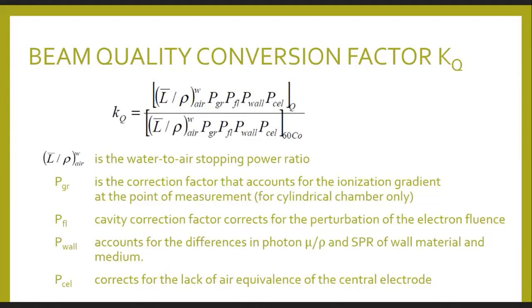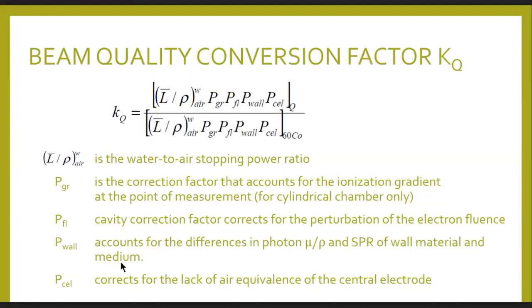It's only for a cylindrical chamber because the one for a parallel plate chamber is equal to 1. Then the fluence correction factor that corrects for the presence of the cavity, the perturbation that happens on the electron fluence because of the placement of the air cavity.